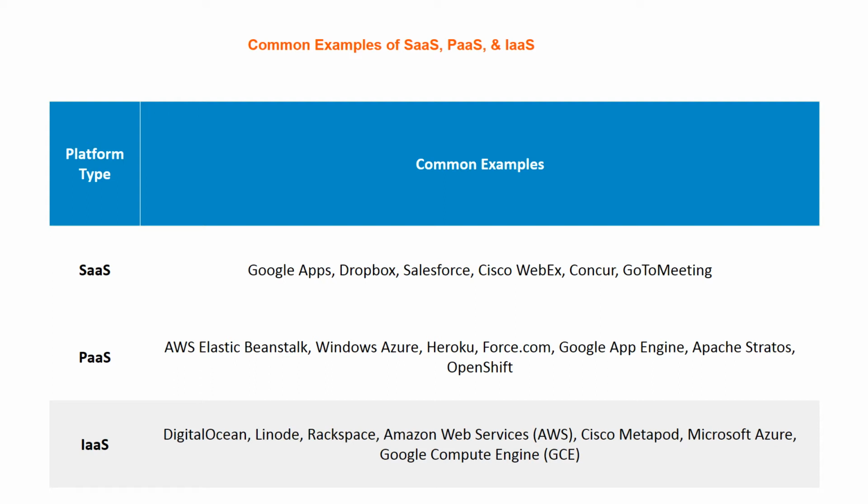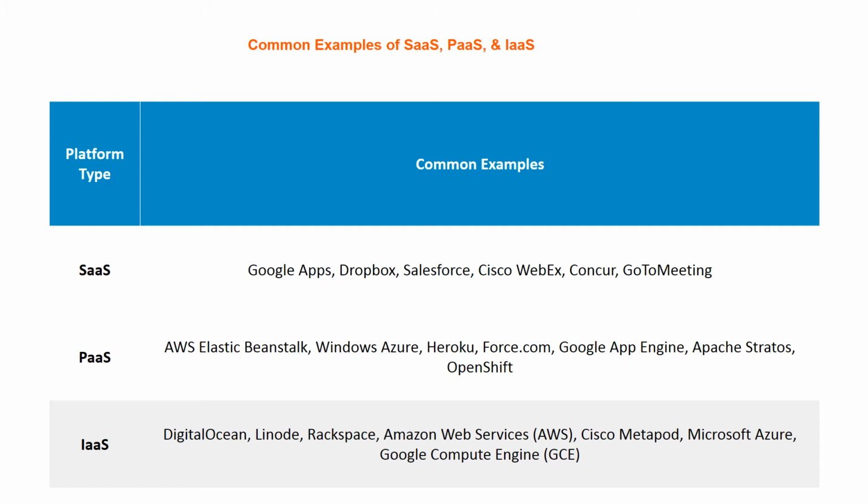Platform as a service: AWS Elastic Beanstalk, Windows Azure, Heroku, Force.com, Google App Engine, Apache Stratos, and OpenShift.